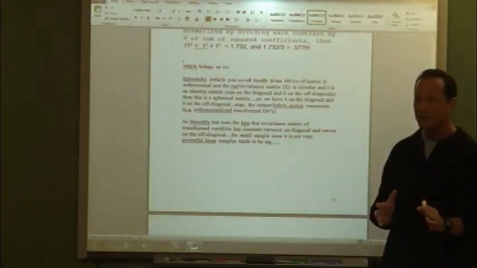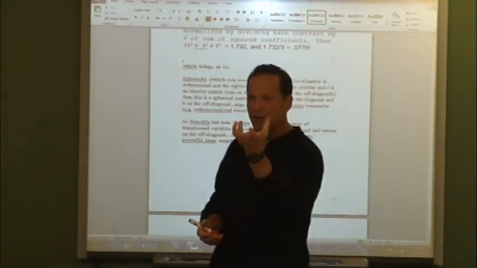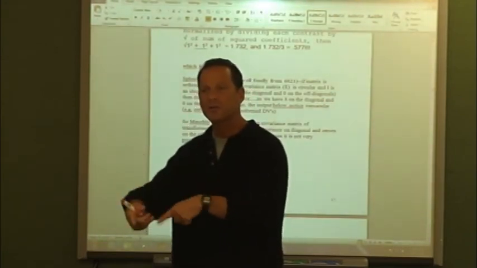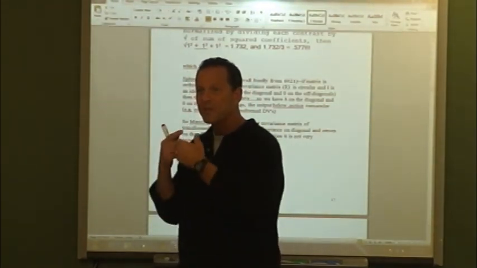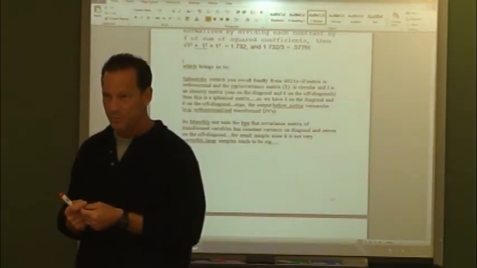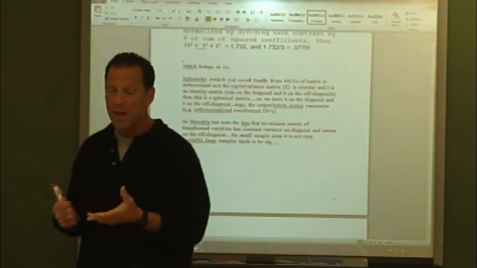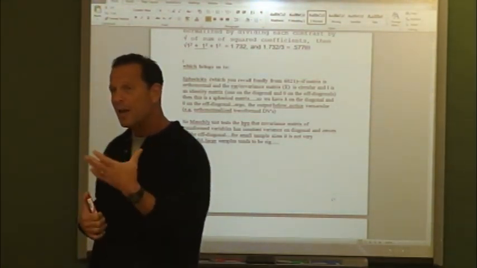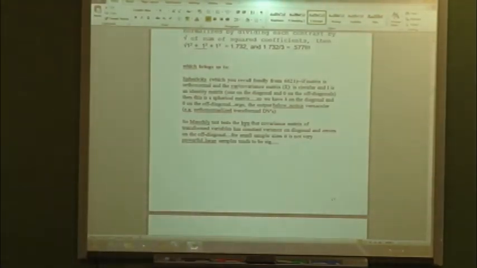The notion of sphericity is that I have this matrix of difference scores. I have this matrix of time 1 minus time 2, time 2 minus time 3. Can I get a variance of the difference score? Yeah. And can I get a covariance of difference scores? Yeah. Absolutely. So that helps to some degree get at, in terms of the raw metric, compound symmetry. Sphericity, as you just saw, orthonormalizes them.